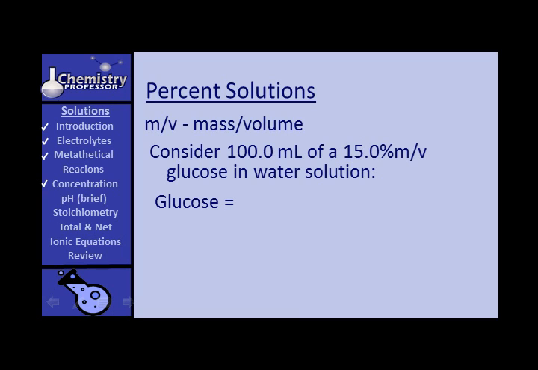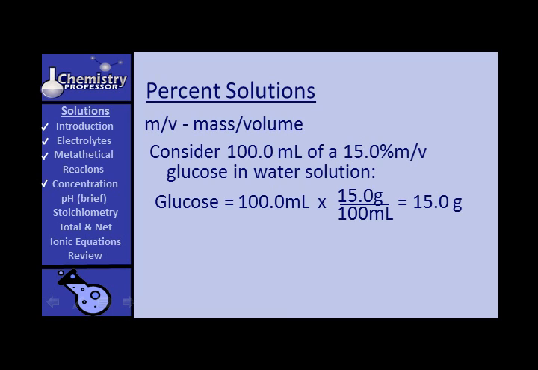The amount of glucose that we have is 100 milliliters of the solution times 15 grams of glucose per 100 milliliters of solution. See, it's mass per volume. That tells us then that we have 15 grams of glucose. So we put in 15 grams of glucose. How much water do we add?